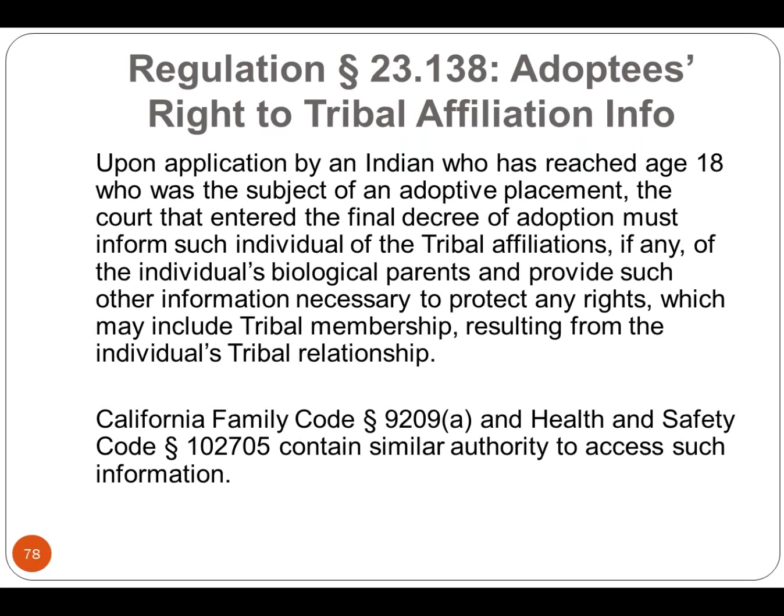But Regulation 23.138 tells us that upon application by an Indian who has reached the age of 18 and who is the subject of an adoptive placement, the court that entered the final decree of adoption must inform such individual of the tribal affiliations, if any, of the Indian's biological parents, and provide such other information necessary to protect any rights, which may include tribal membership resulting from the individual's tribal relationship.